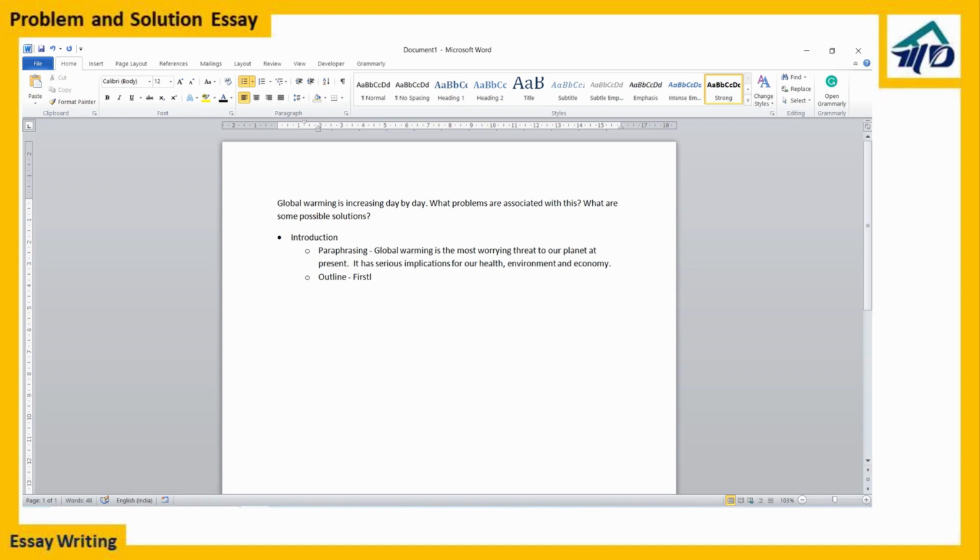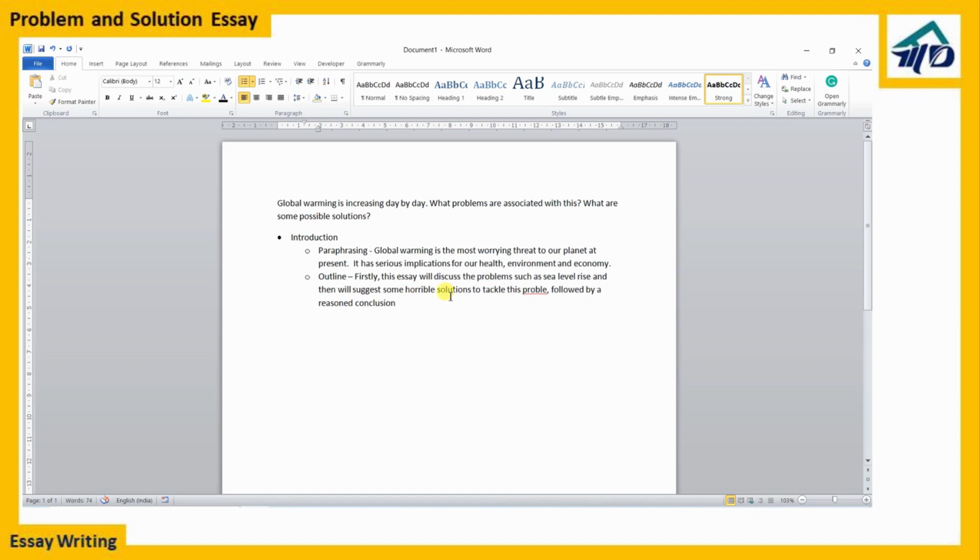So I will say, firstly, this essay will discuss the problems caused by global warming, or problems such as sea level rise, and then will suggest some possible solutions to tackle this issue, followed by a reasoned conclusion. That's all, guys. So this is my statement.